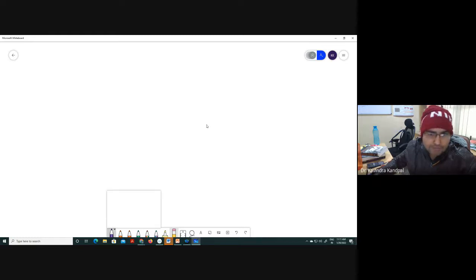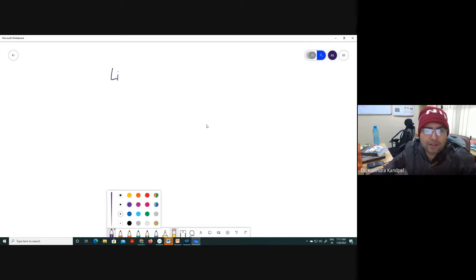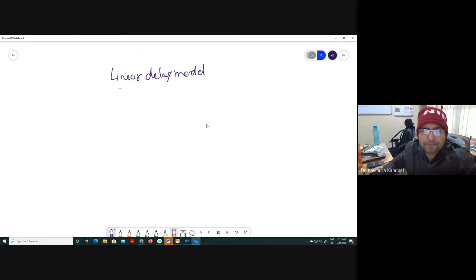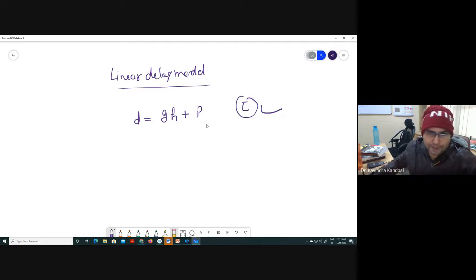Okay. So we started the linear delay model, and we said that delay is defined in the linear delay model as D equals GH plus P. The unit is tau. Tau happens to be technology dependent, right?